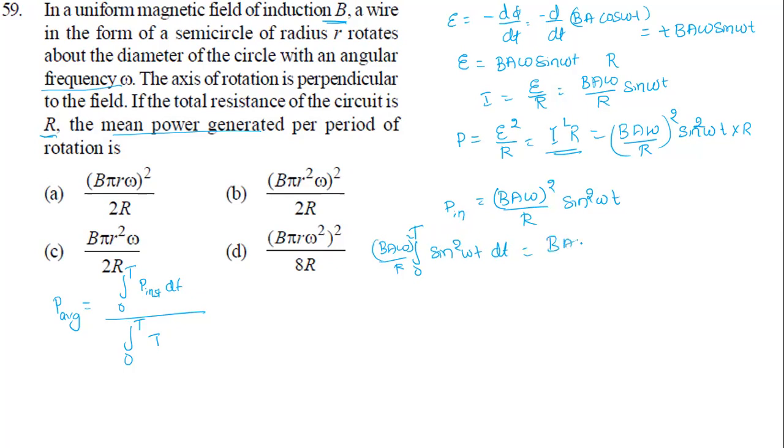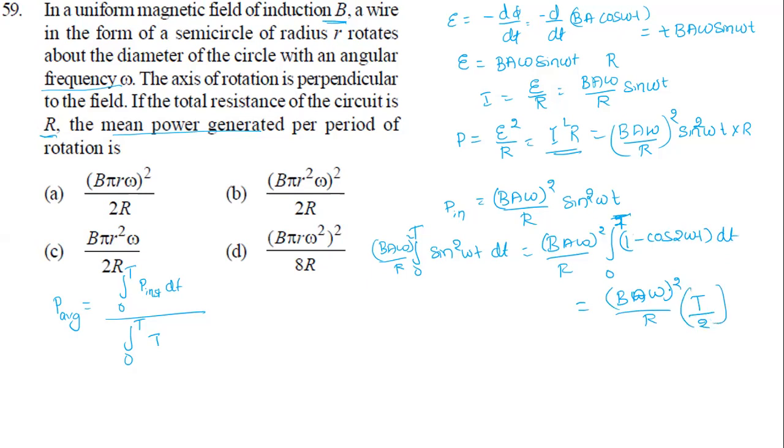As you know, sin square theta will be written as what now? 1 minus cos 2 omega t, into dt. So if you simplify over this time, you get B A omega whole square divided by R times, just t by 2, after doing the integration.